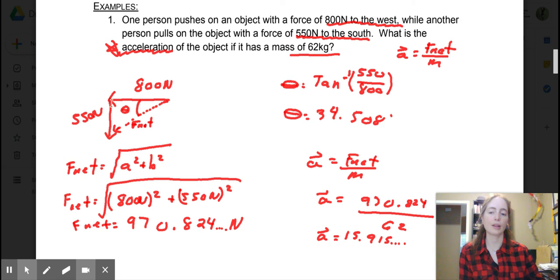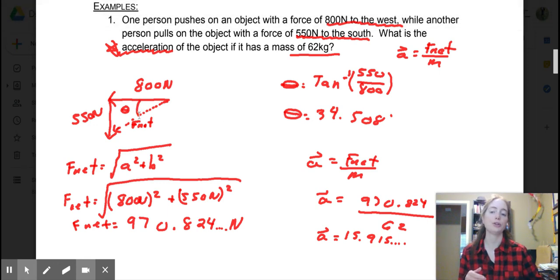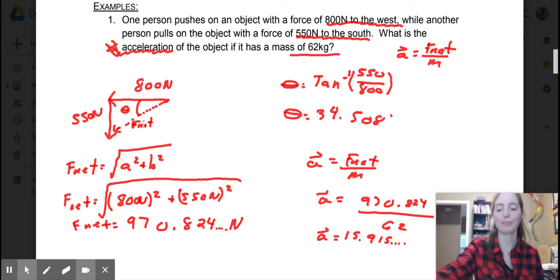Well, we always start on the vector that's on one of the axes. In this case, the vector from where we started is on the west axis. We start on that west axis and then we're moving south. So that means that our angle is going to be south of west. So south of the west line.